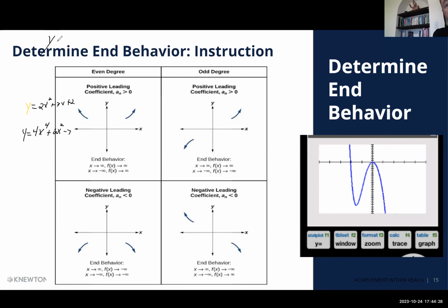They're equations of this form: ax^n plus bx^(n-1), and so on, until you get to, say, tx plus, say, u.